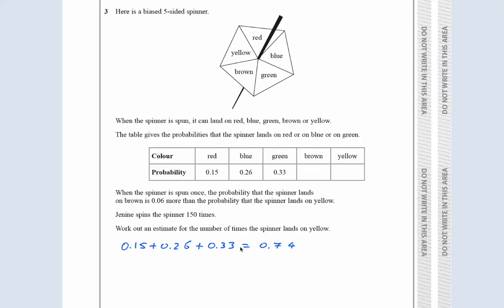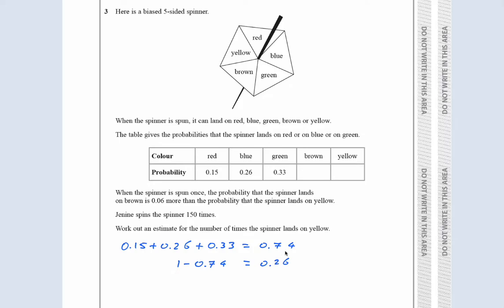You can do that on a calculator if you want. So that means there's 0.26 left. So 1 minus 0.74 is 0.26. So for brown and yellow, I need 0.26.